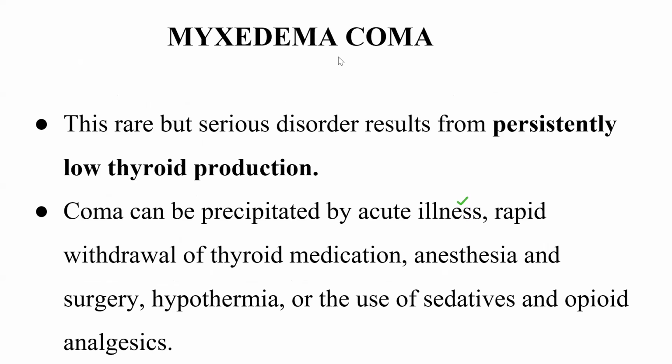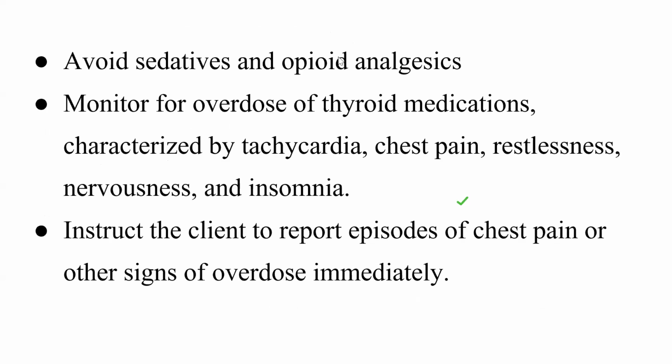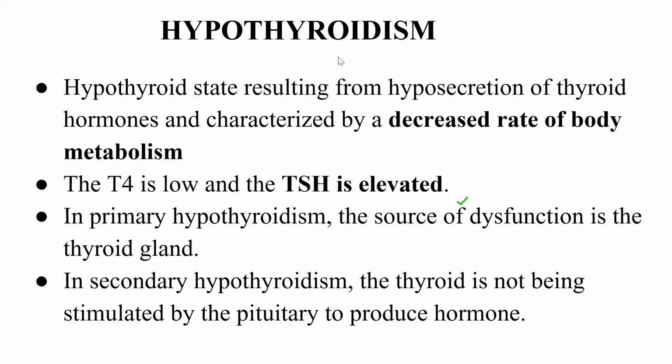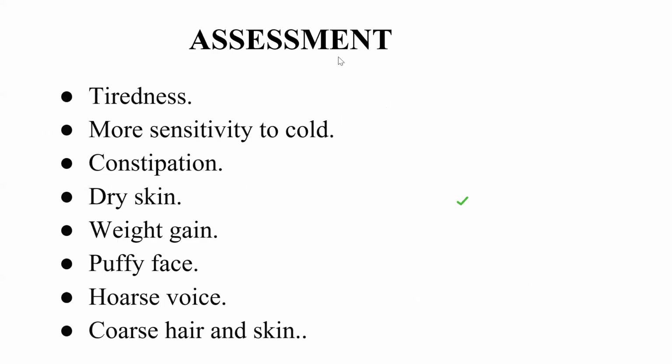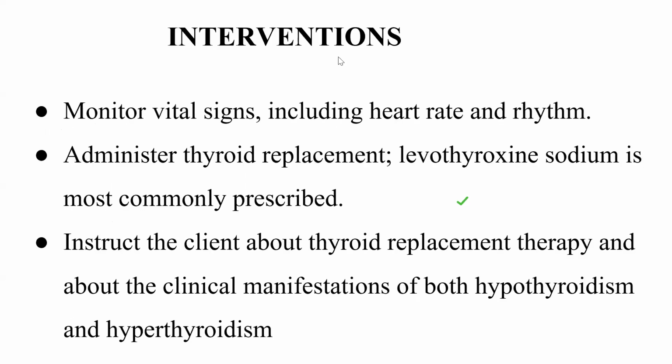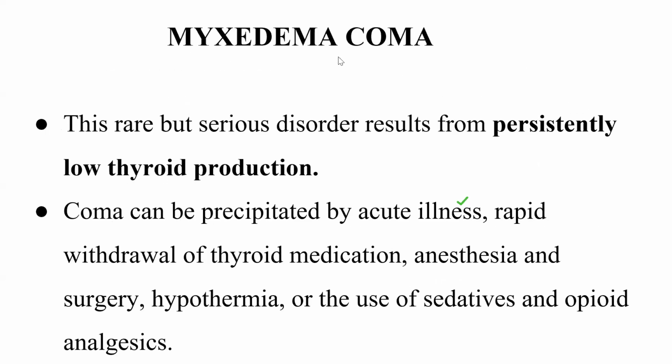You know, Addisonian crisis is a severe form of Addison disease. So this myxedema coma is a severe form of hypothyroidism. Let's take note of that when we're writing. It's a severe form of it, okay? So we don't get it confused.